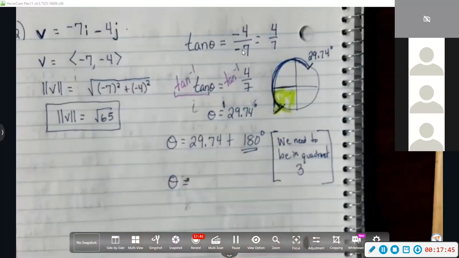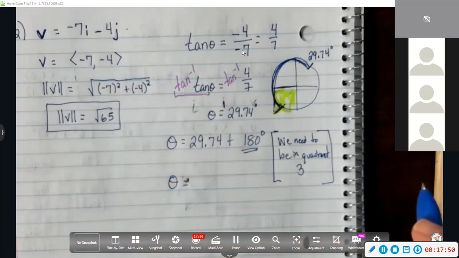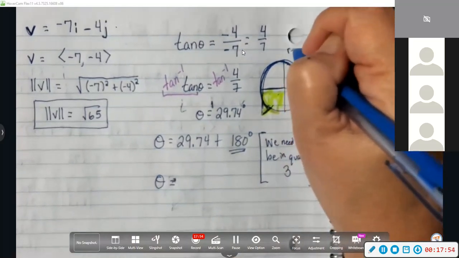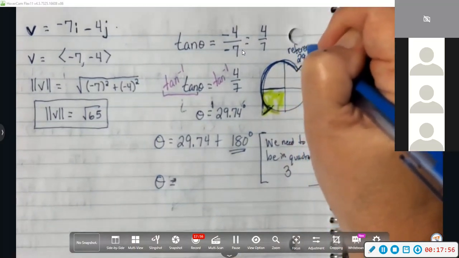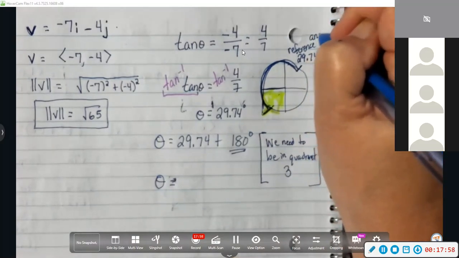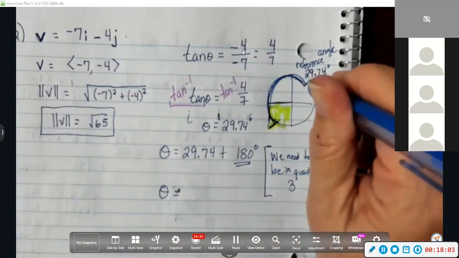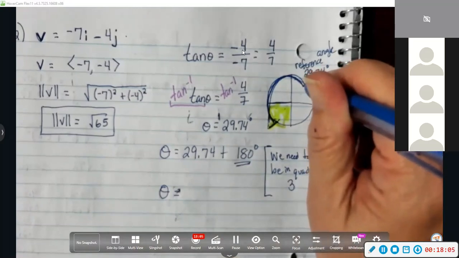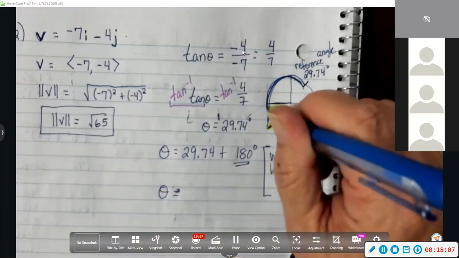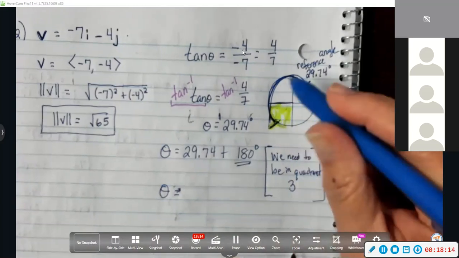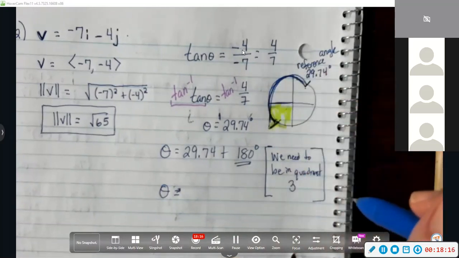Yes. So would you add any other value than 180, or will it always be in the opposite quadrant? Yes. So this is called my reference angle. And so if I have a reference angle in the first quadrant and I need to get around to the angle it corresponds with in the third quadrant, I'm going to add 180 degrees.